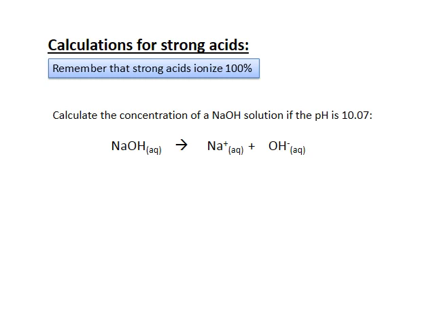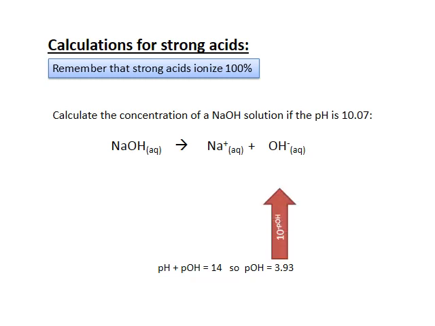If we were going the opposite direction, then we also have to keep on our toes. If the pH is 10.07 for a strong base, I would be calculating the hydroxide ion concentration. So pH plus pOH adds up to 14, which means the pOH here is 3.93.